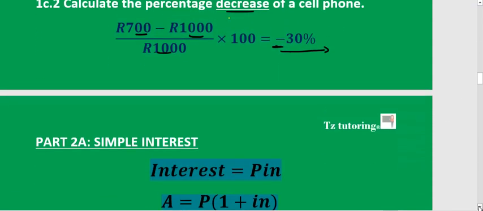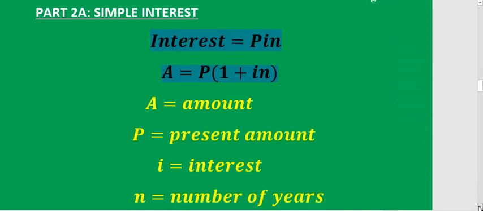So let's move on to simple interest. For simple interest, if you have to calculate interest, then you need to use PIN. The P, of course, is for the present amount, the amount now. The I is for the interest rate, and the N is for the number of years.